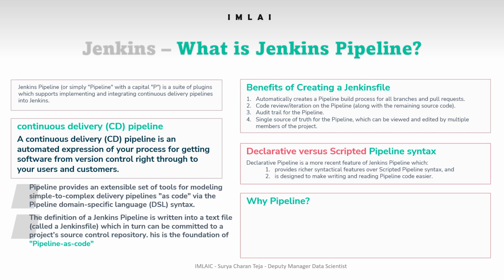Some of the features: one, code. Pipelines are implemented in code and typically checked into source control, giving teams the ability to edit, review, and iterate upon their delivery pipeline. Two, durable. Pipelines can survive both planned and unplanned restarts of the Jenkins controller.